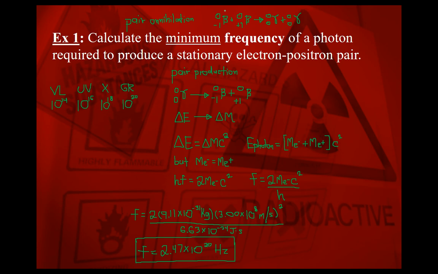The reason I'm warning you about this is that when you get pair annihilation, you'd be going from mass into energy, so be aware that the energy being produced from the mass has to be split between these 2 photons. So it's not going to a single photon. As for pair production, we were just taking energy from 1 photon. We only needed 1 photon for pair production to occur.